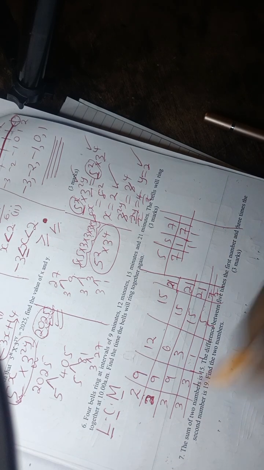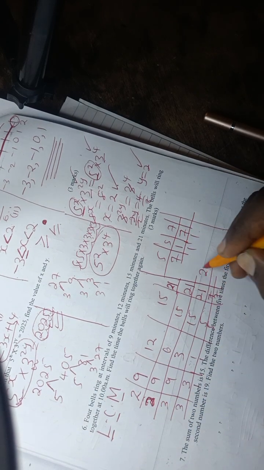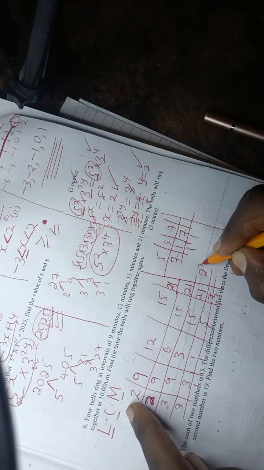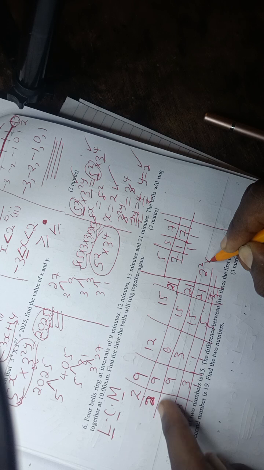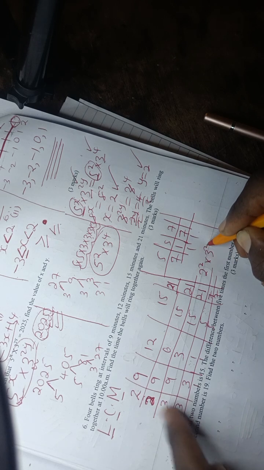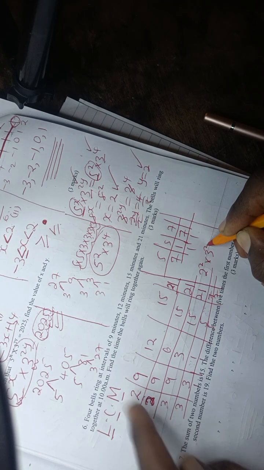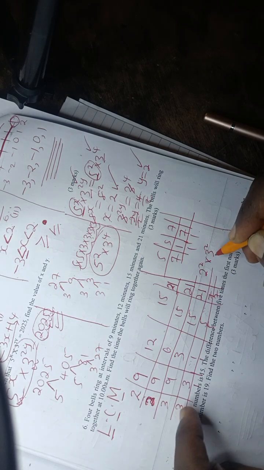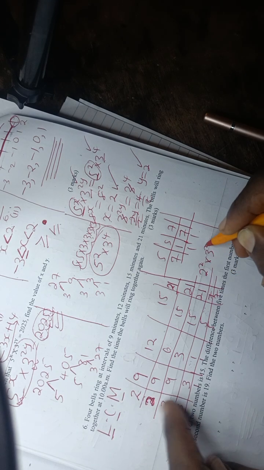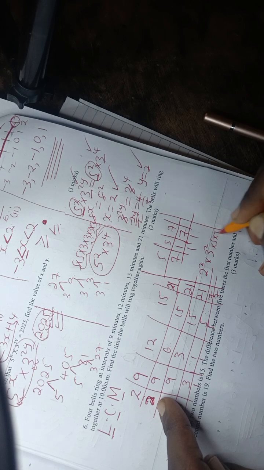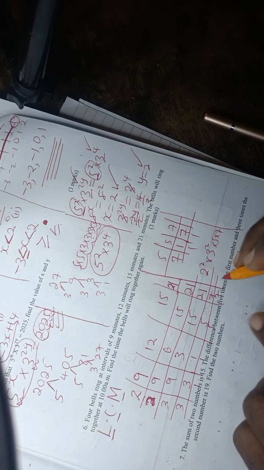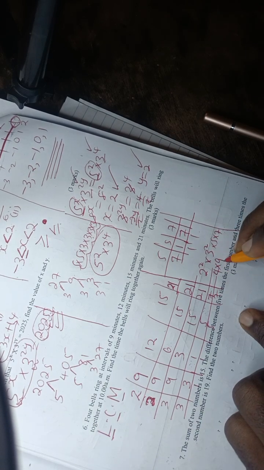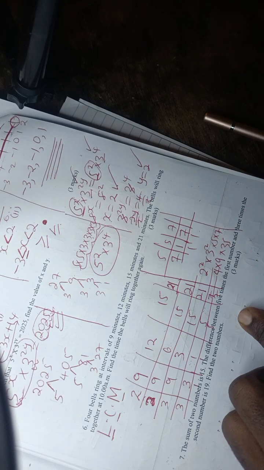So you're done. So you have 2 appearing twice, and 3 appearing twice, then 5, then 7. So I want to get the exact answer to that. That is 4 times 9 times 35. 2 squared is 4, 3 squared is 9.